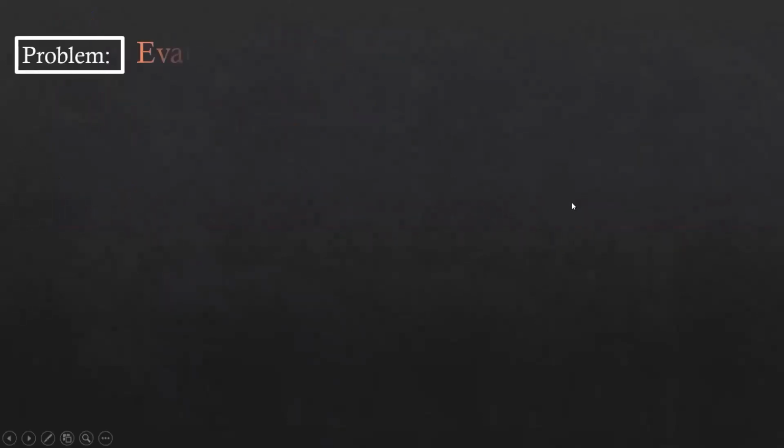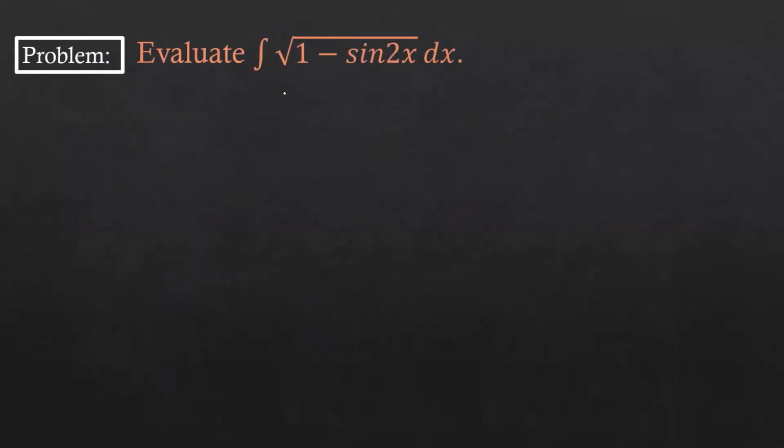Now we take one problem. If you have to evaluate this integration, how can you integrate it? Suppose the integrand is the square root of sin x minus cos x, whole square.